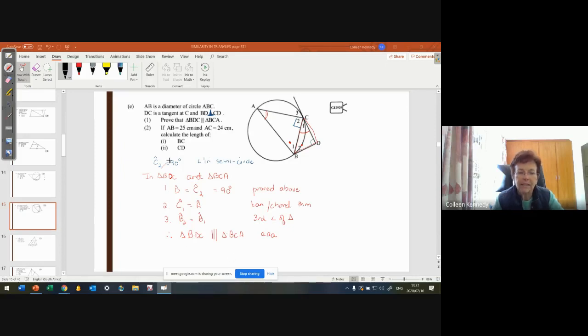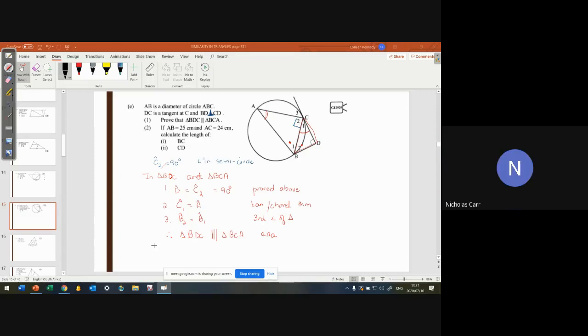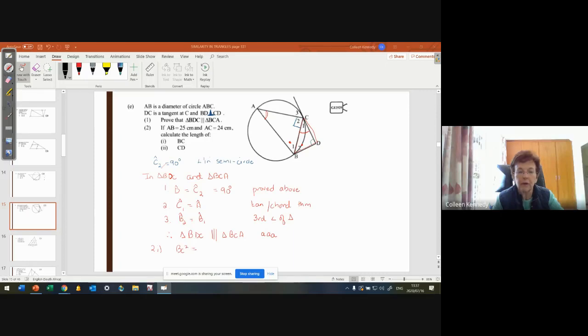Now they say if AB, which is in the second triangle, is 25 and AC is equal to 24, calculate the length of BC. Well, how do we find BC? Pythagoras. BC squared is going to equal AB squared, which is 25 squared, minus AC squared, which is 24 squared.